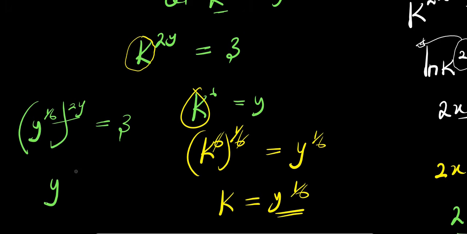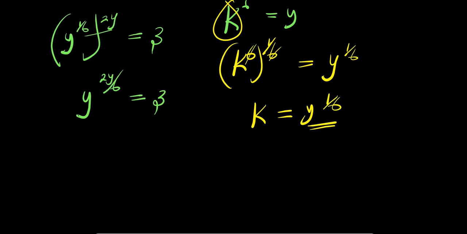We have y power 2y divided by 6, and this equals 3. So 2 cancels 6, this is 3. So we have y power y over 3 equals 3.